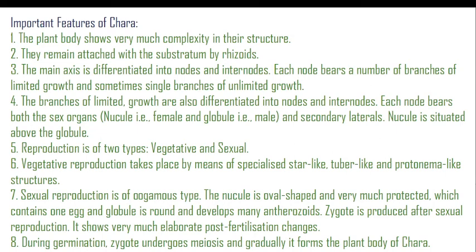Zygote is produced after sexual reproduction or fertilization. It shows very elaborate post-fertilization changes, and during germination the zygote undergoes meiosis and gradually forms the plant body of Chara, which is the new plant.